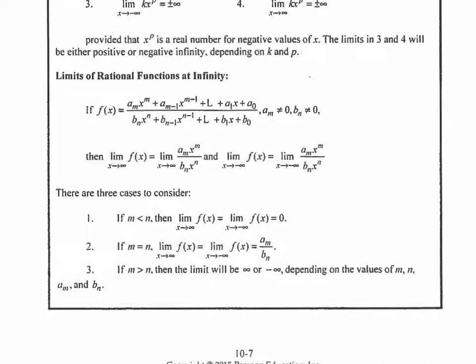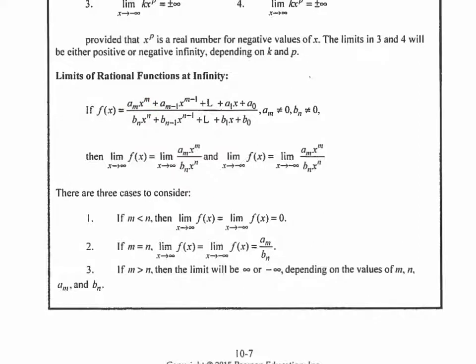Okay? Now, if the exponents are exactly the same, think about it for a minute. The one on top is growing at the same rate as the one on bottom. What happens then is all I have to do is take the ratio of these coefficients.